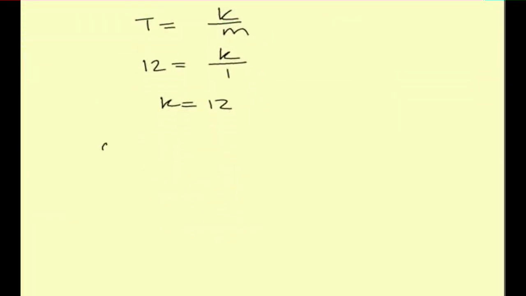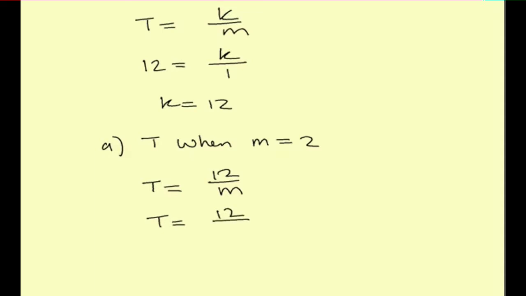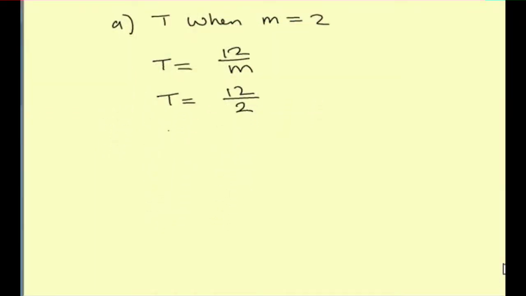So we've got to find t when m equals 2. What we do here is substitute the value into our formula, which is t is equal to 12 over m. So t is equal to 12 divided by the value of m, which is 2, so t equals 6. That's the answer to part A.